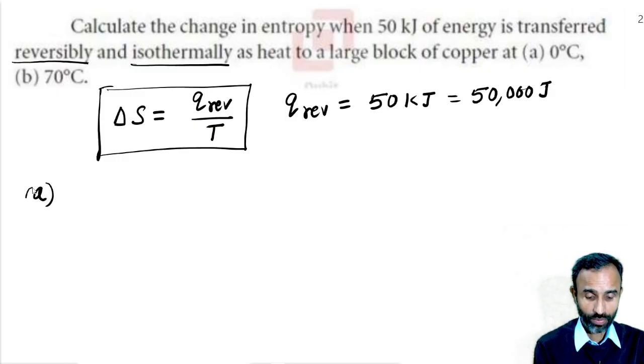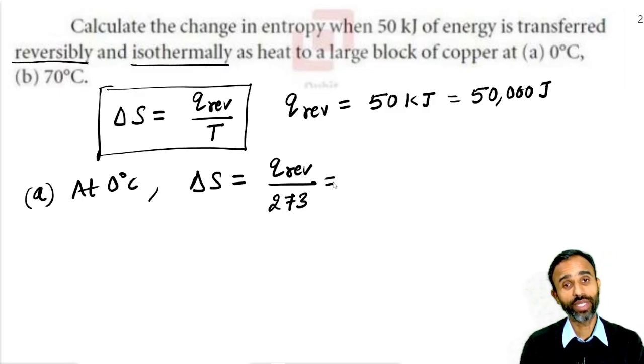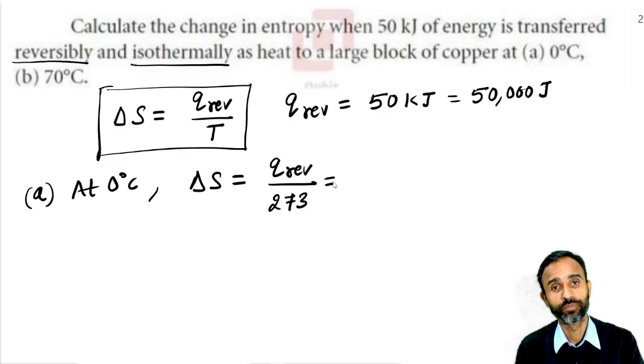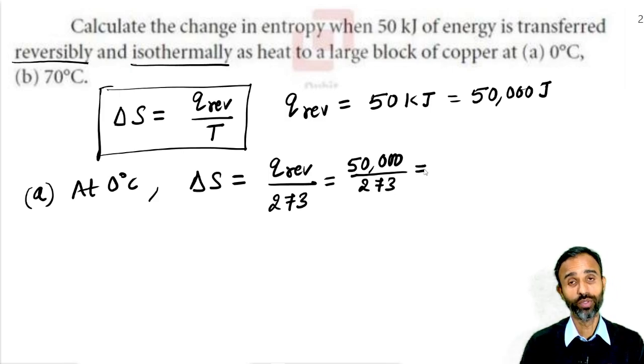Now in the first case, at 0 degree Celsius, delta S becomes equal to Q reversible upon 273. So it is 50,000 upon 273. So what is the value?